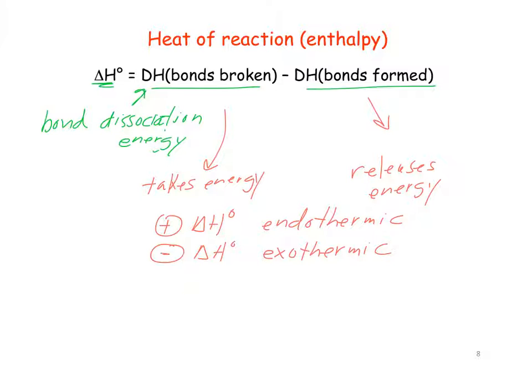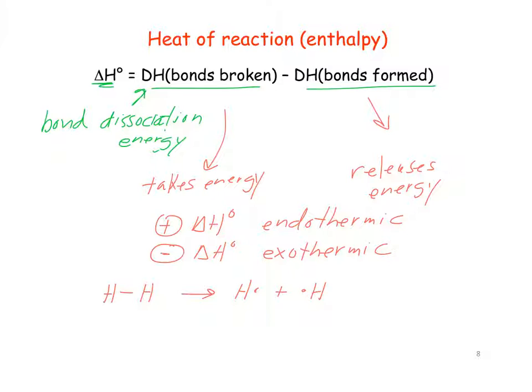Okay, so let's look at a couple of examples of what bond dissociation energies would represent. One example would be if we have H2 and we break it into two separate hydrogen atoms. For bond dissociation energies, we break the bond evenly into two even pieces.